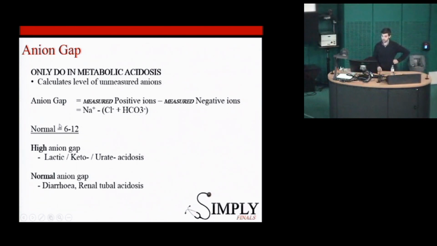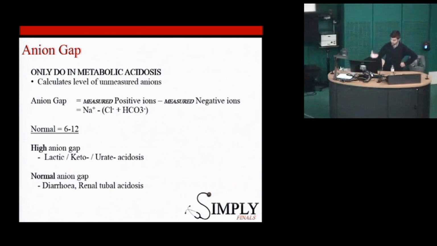Normal is between 6 and 12. If you have a high anion gap, so 13, 14, 15, or 23, then something in your body is producing acid to bring the anion gap higher. So in our patient, it was the ketones that we diagnosed ketoacidosis. So this was bringing his anion gap higher. So that fits.